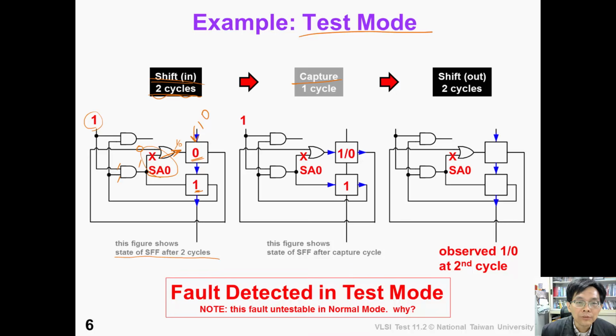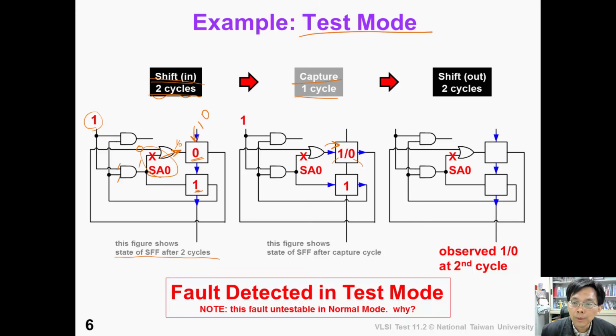Then we configure the scan flip-flops to capture, so we can capture the response into the scan flip-flop as 1/0, which means that for the good circuit, the value should be 1, and for the faulty circuit, the value is 0.